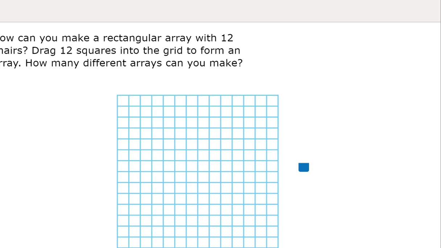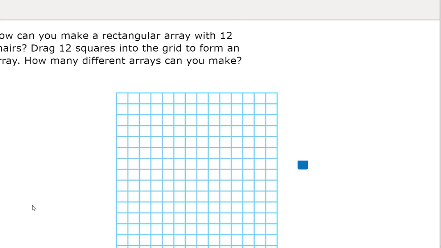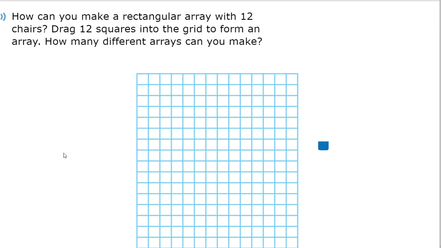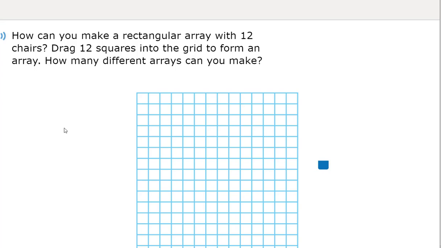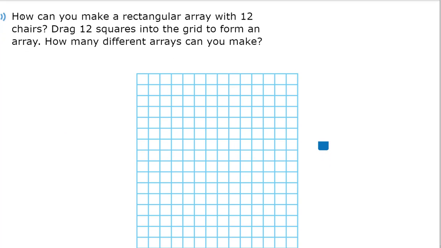The question asks us how can you make a rectangular array with 12 chairs? And the question asks us to drag 12 squares into the grid to form an array. And it asks us how many different arrays we can make.